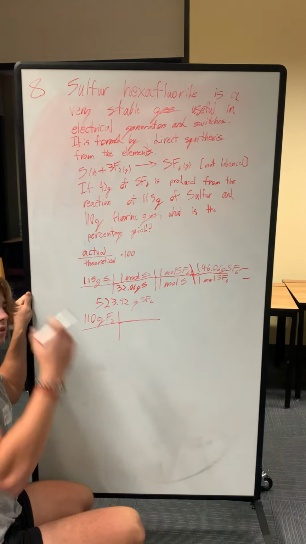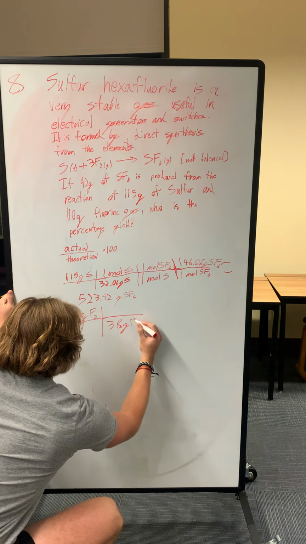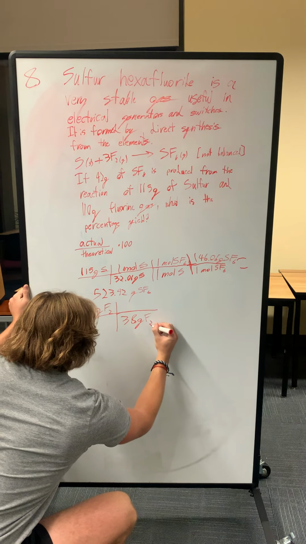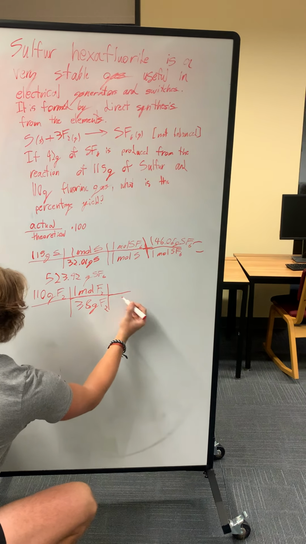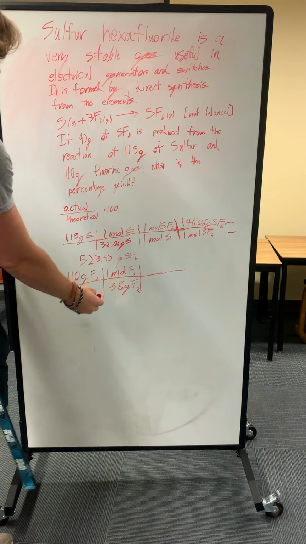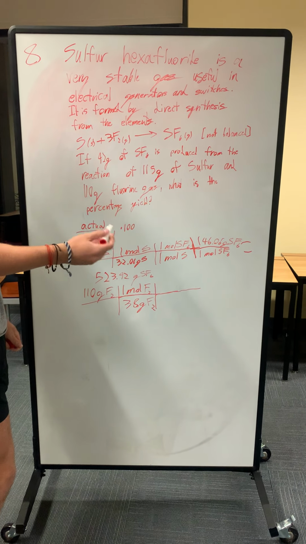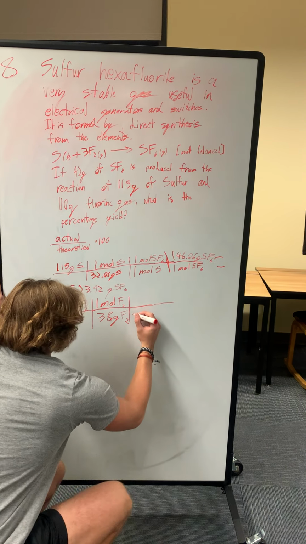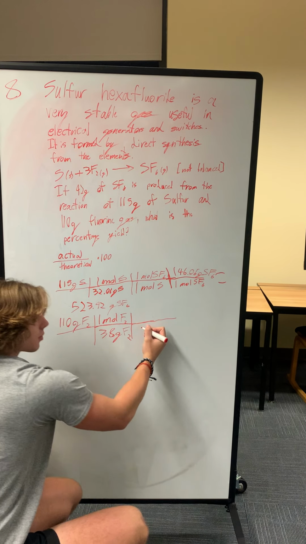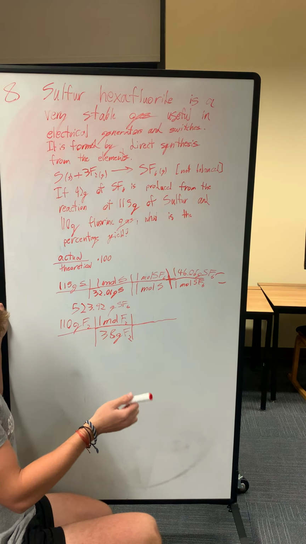The molar mass is 38 grams, which is 1 mole of F2. Then you're going to use the molar mass to find the grams of the SF6. For every 1 mole of SF6, there are 3 moles of F2 because of the equation. Use the coefficient. So it'll look like this.